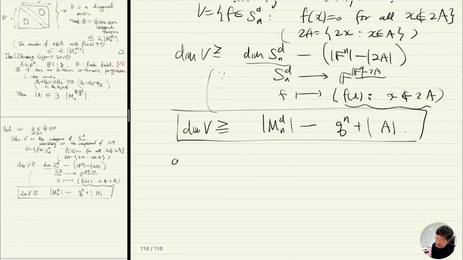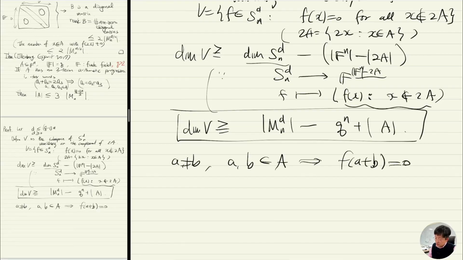If I choose a, b in A, then f of a plus b is 0. Why? Because this implies that a plus b is not in A. More precisely, a plus b is not in 2A, right?